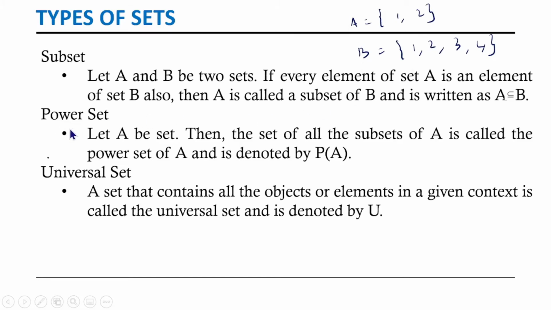The next set is called power set. Let A be a set, then the set of all subsets of A is called the power set of A and is denoted by P of A. If we take A is equal to {1, 2}, then the power set of A, P of A, is given by all the subsets of A. So the null set is a subset of A. Then the set consisting of element 1, then the set consisting of element 2, then the set itself.